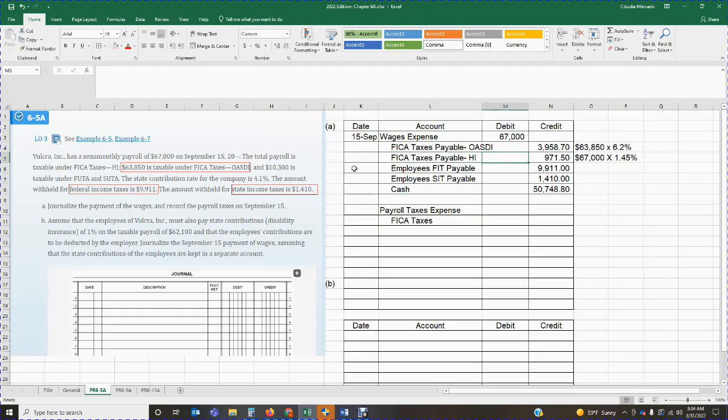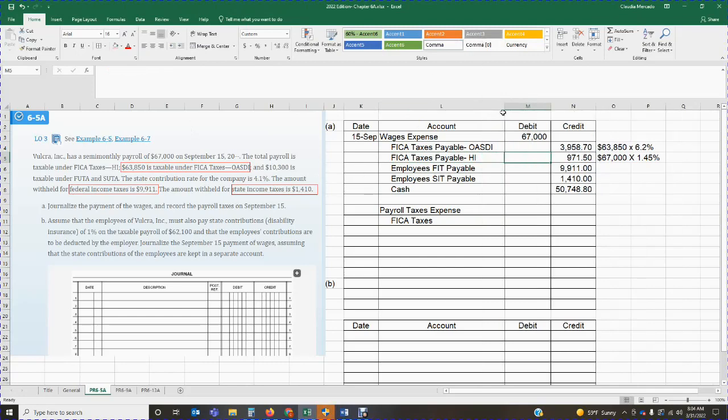All of these are payable accounts. So it's FICA taxes payable, OASDI, FICA taxes payable, HI, employees federal income tax payable, employees state income tax payable. Now this is for the employees only. The FICA taxes can be used for either the employee or the employer, okay?